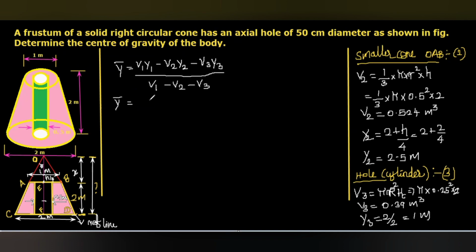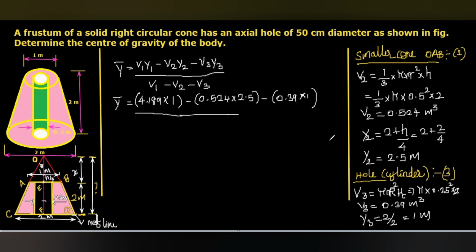Y bar equals V1, that is 4.189 meters, multiplied with Y1, that is 1 meter, minus V2, we calculated 0.524, multiplied with Y2, that is 2.5 meters, minus V3, that is 0.39, Y3, that is 1 meter.